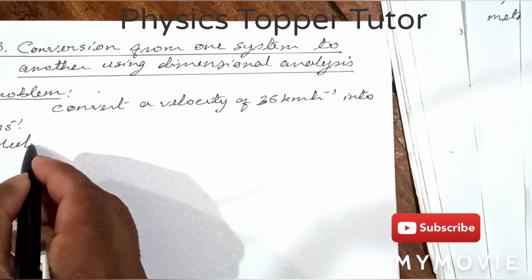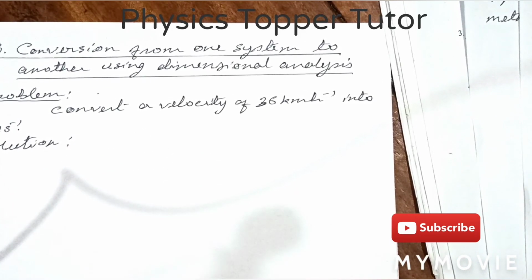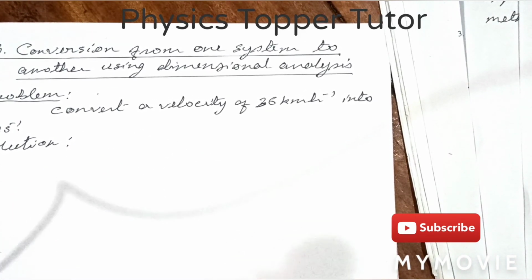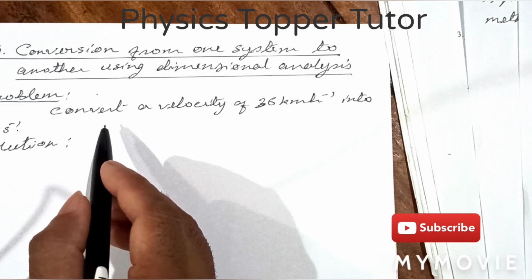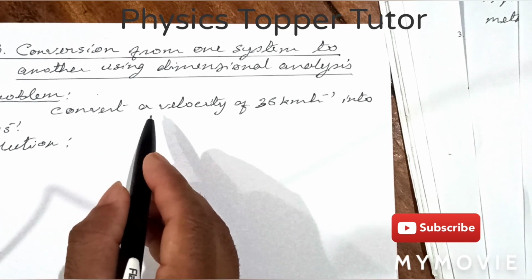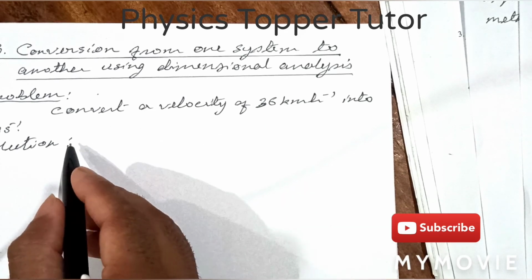So, solution. Convert a velocity of 36 km per hour into meter per second.